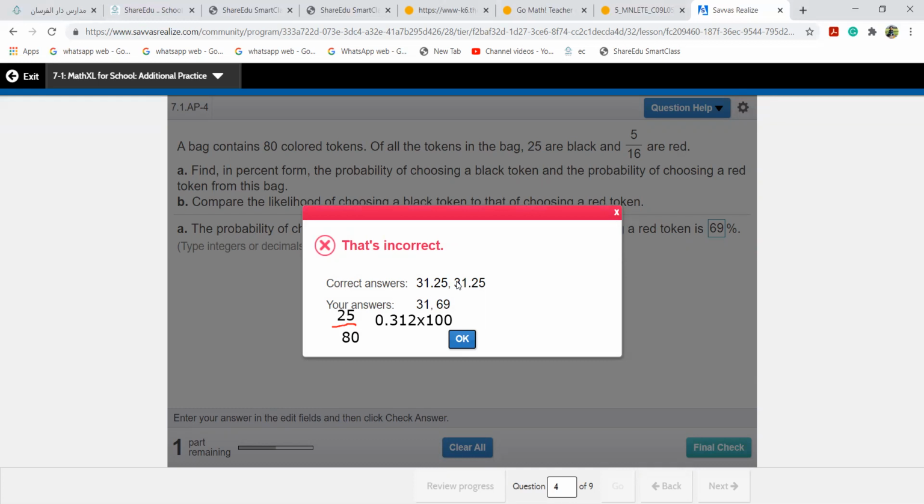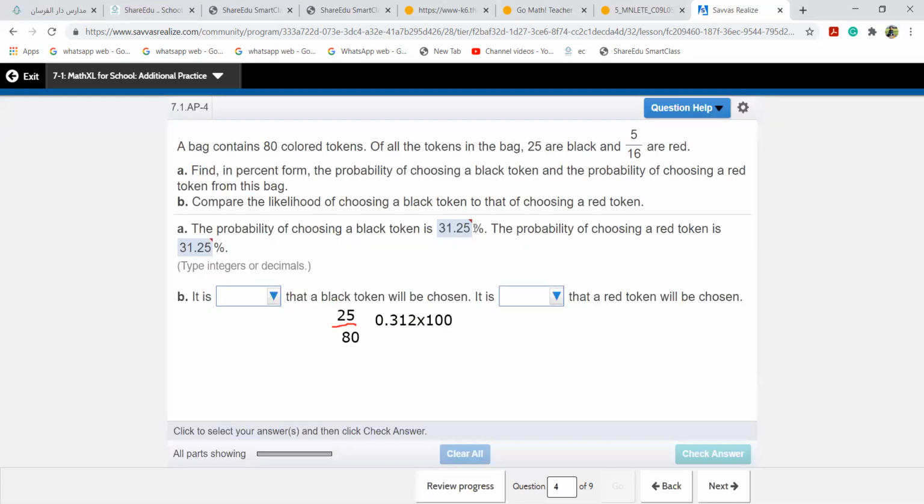Oh, you told me 31.25. I did not write exactly. This is what you got, right, Noor? 31.25. That means you must write the exact answer.